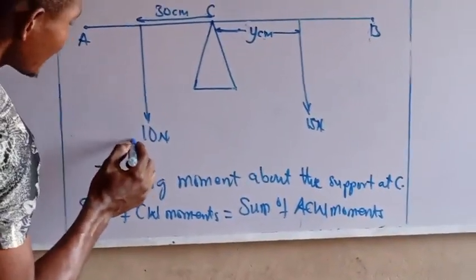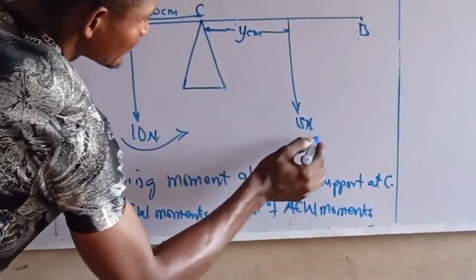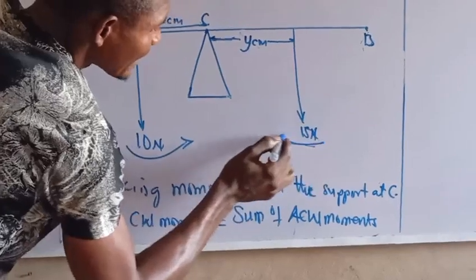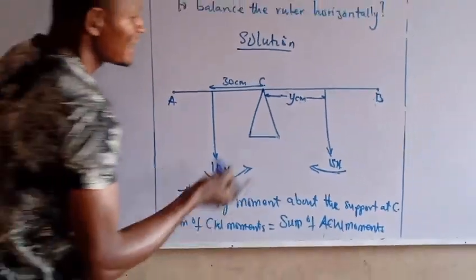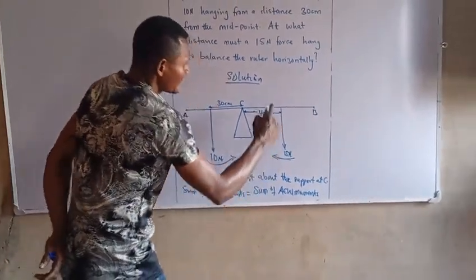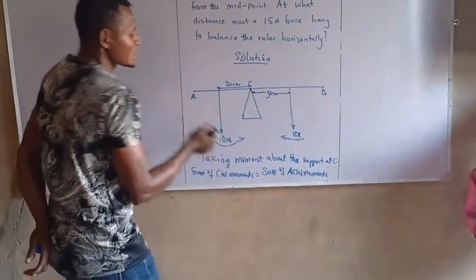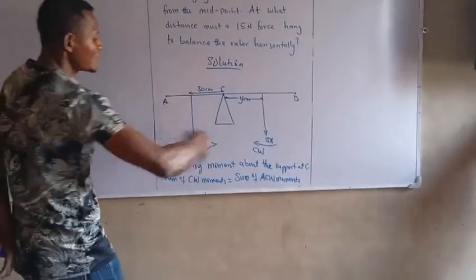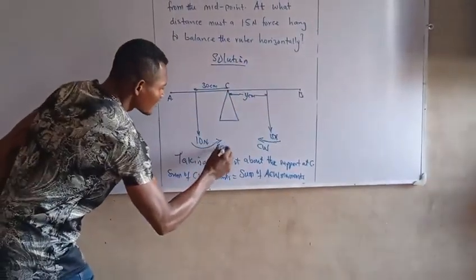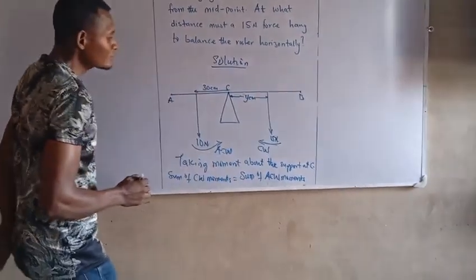So we can take the moments in this direction. This is how these forces are acting. Remember that I said that moment is the product of the force and the perpendicular distance. So if we are turning this way, this is clockwise. Then if we are going this way, this is the anti-clockwise direction.